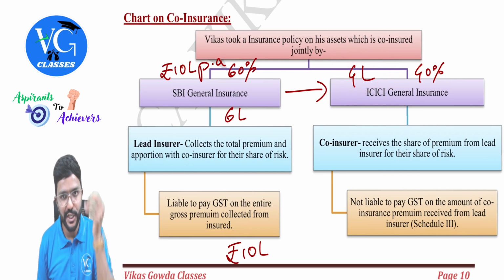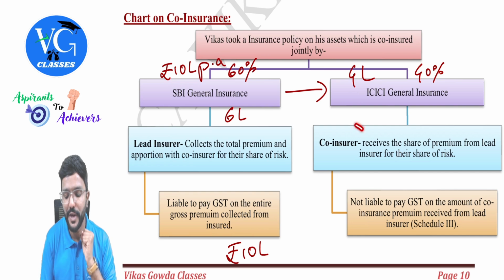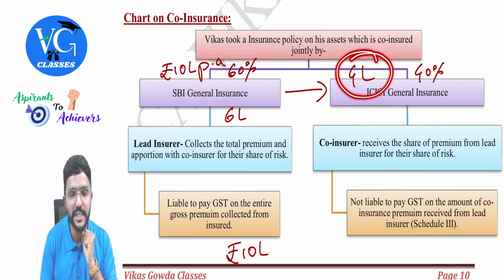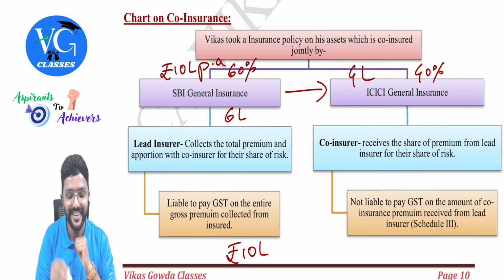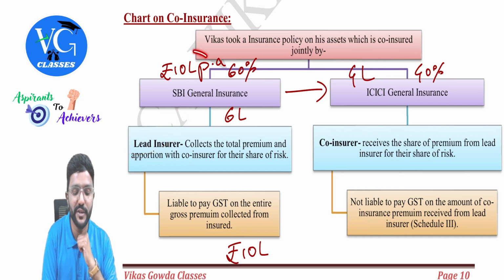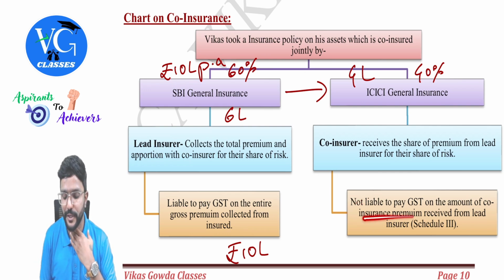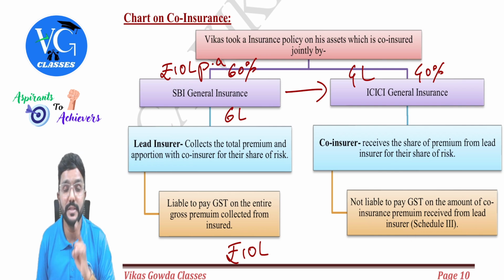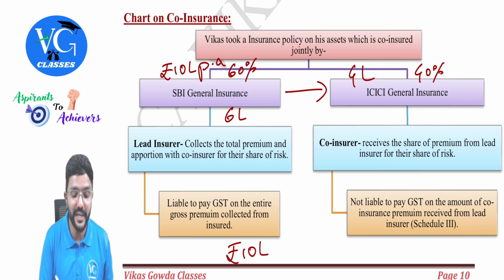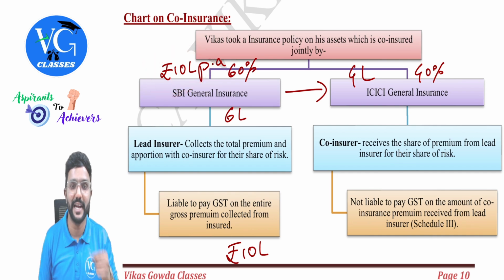No. In Schedule 3, what they are saying is: co-insurer, you need not pay GST on 4 lakh, provided the lead insurer has paid GST on the entire 10 lakh. So the co-insurer is not liable to pay GST on the co-insurance premium, which is 4 lakh received from the lead insurer, as per Schedule 3. This is only if the lead insurer has paid GST on the entire 10 lakh.